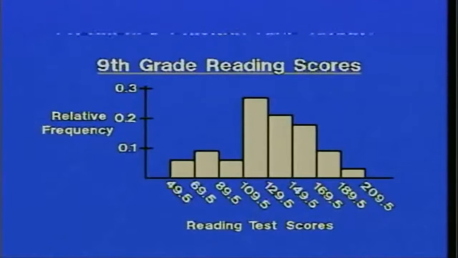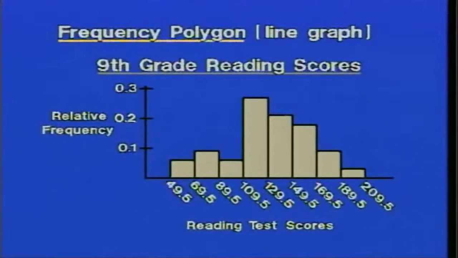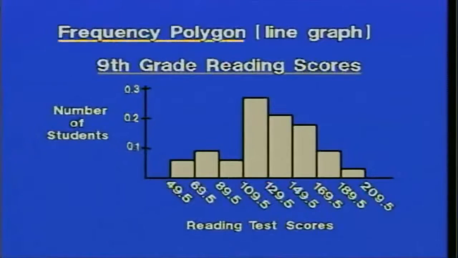All right, now we want to talk about a frequency polygon. The frequency polygon comes from the frequency histogram. And so let's go back to our previous labeling of number of students. And we know that number of students is just frequency. So a frequency polygon just comes from this kind of histogram, and it's rather easy to structure.